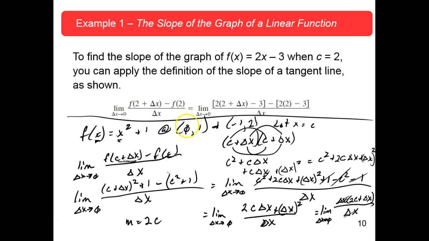So, in the first problem, c is 0, so the slope in the first one, m at 0, is going to be 0. 2 times 0 is 0. Over here, m at negative 1, 2 times negative 1 is negative 2.